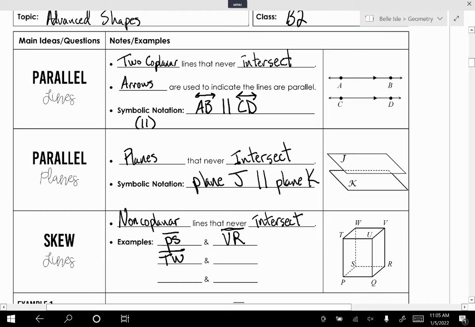I think in order for them to be considered skew lines, they need to be going in different directions. I would say that would be just parallel, right? It would be, yes. Different planes parallel, but yes. So like UQ would be one for TW.